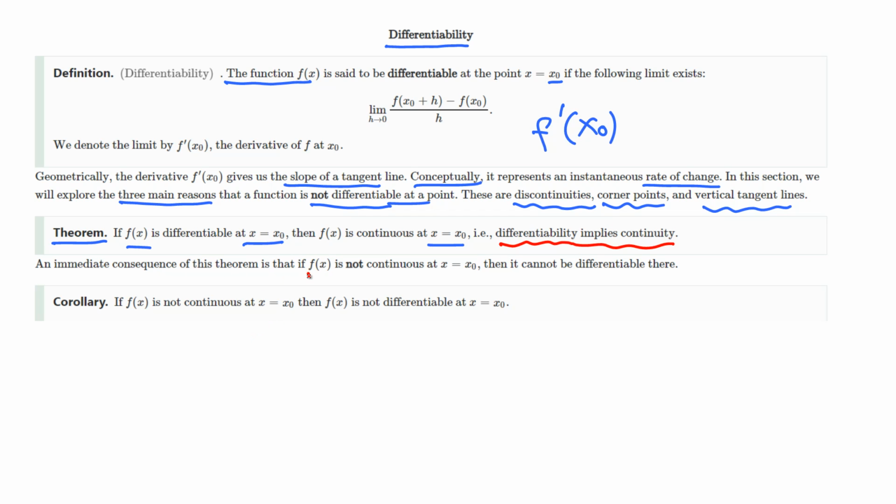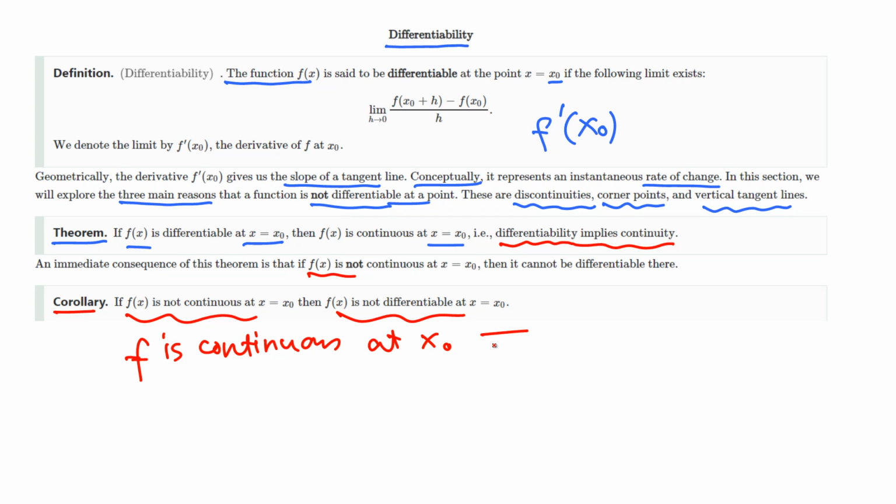This is the backward corollary. If the function is not continuous, then it is not differentiable. But if f is continuous at x0, that does not mean f is differentiable.